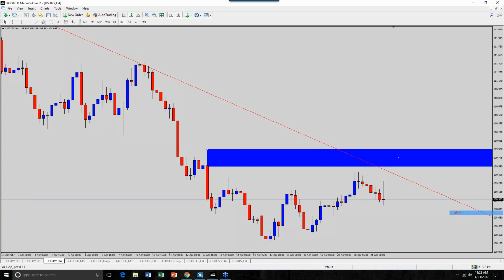The reason I'm looking in that region is that we've had a touch over here and then a drop. There's been a big push up and then a drop, but as you go left, you have this over here as a previous zone. When I do my analysis, I'm looking left to see if there's a pattern in terms of where zones were touched.